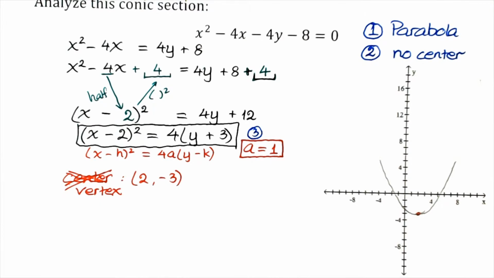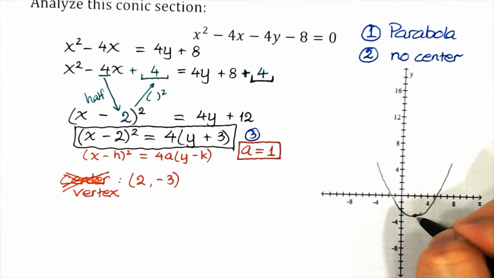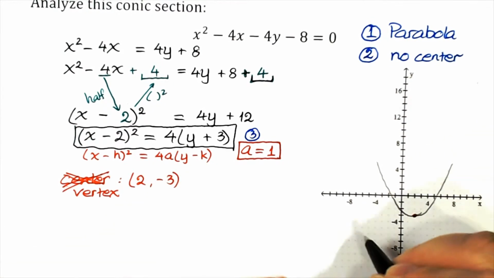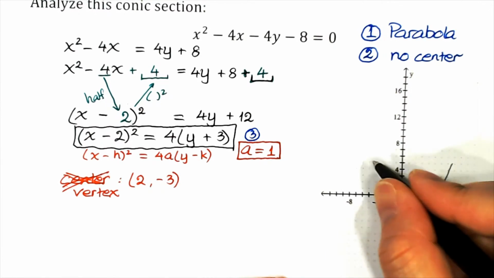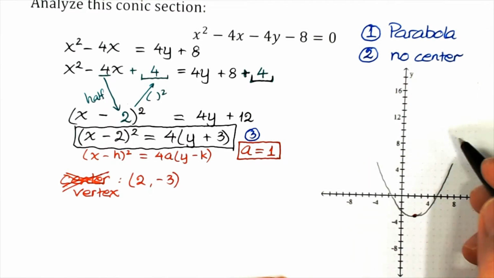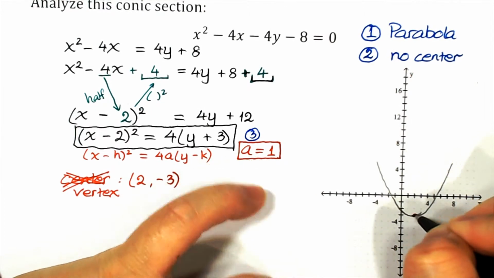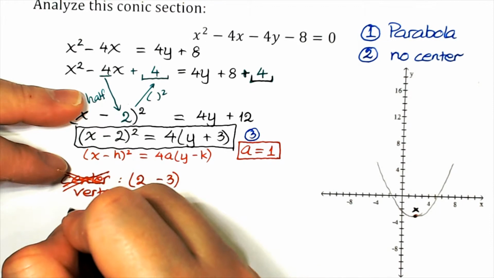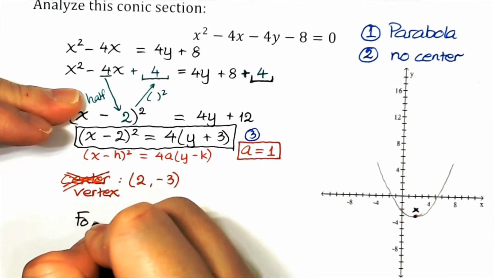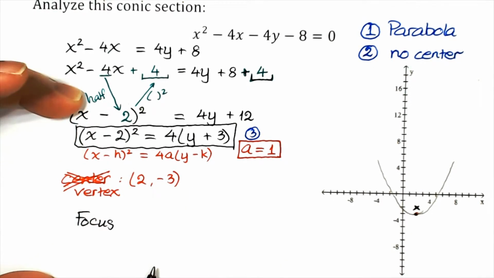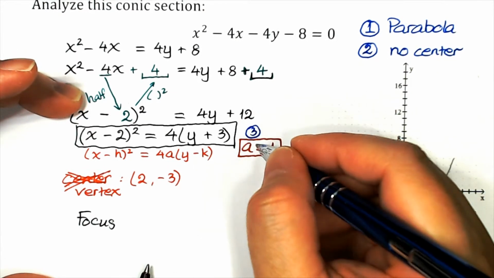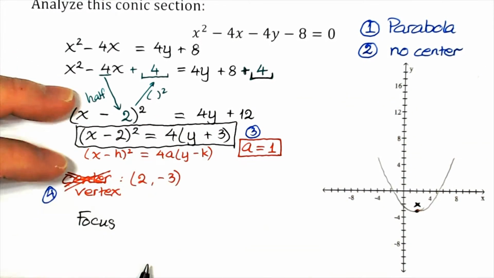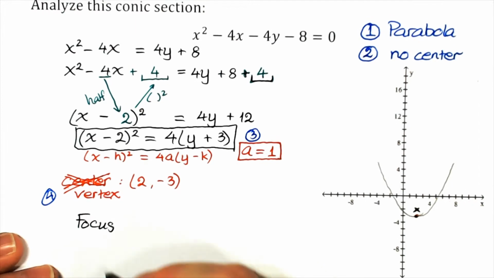Now the focus. From this formula, to find the focus from the vertex, because a is 1 and positive, the focus is where the graph of the function goes around it. So in this case, we go up 1 unit, which gives us the focus. Just keep track of things. There's a vertex and no center.